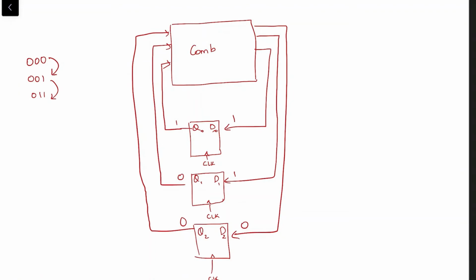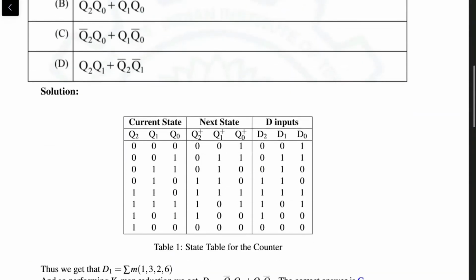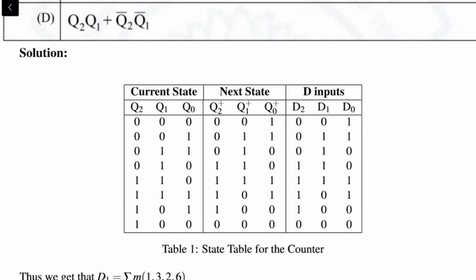So that is the job of the combinatorial circuit design. If you give one input of the gray code to the combinatorial circuit, the next output of the gray code should come as its output. So now let's go forward with the design of this combinatorial circuit.